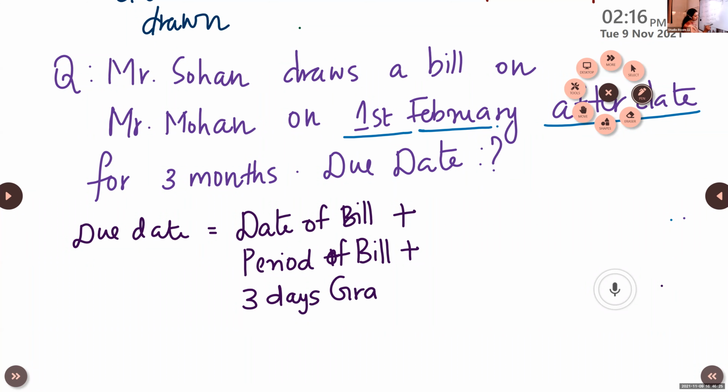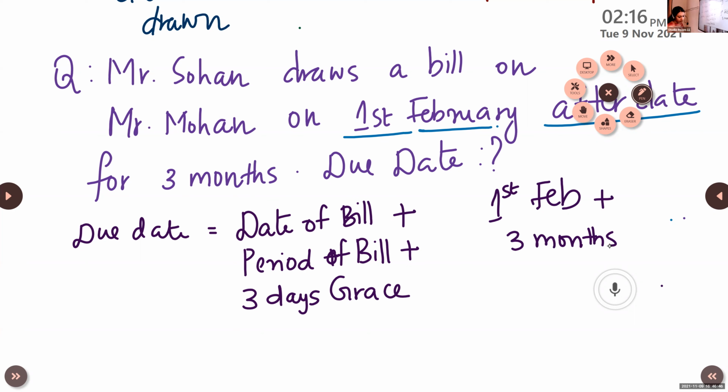3 days grace. So, what is the date of bill? 1st Feb. Then, what is the period of bill? Plus 3 months. So calculate how much is that?